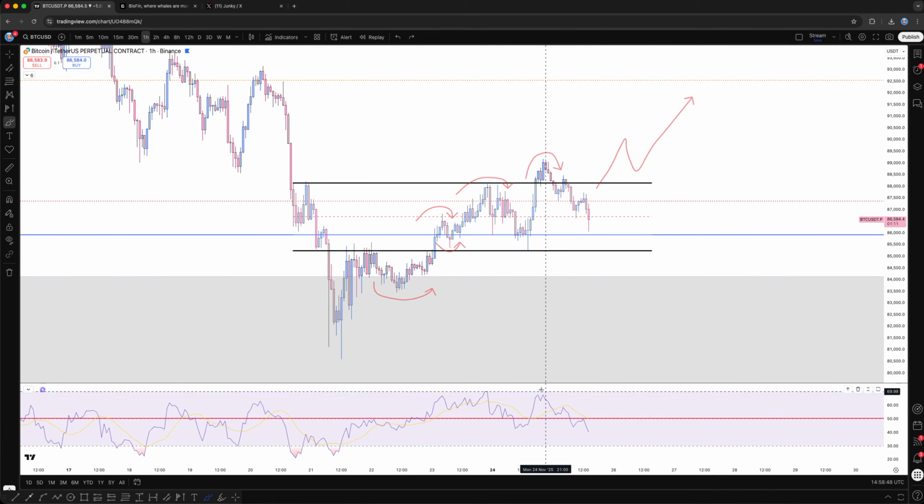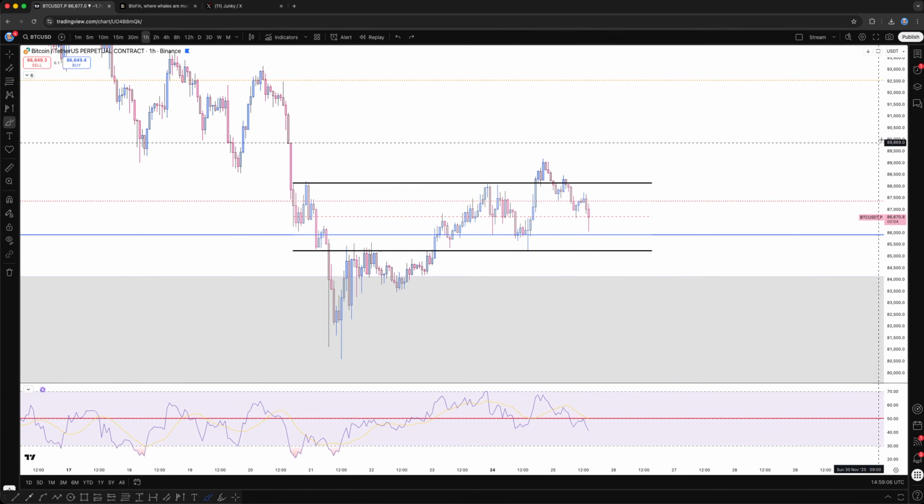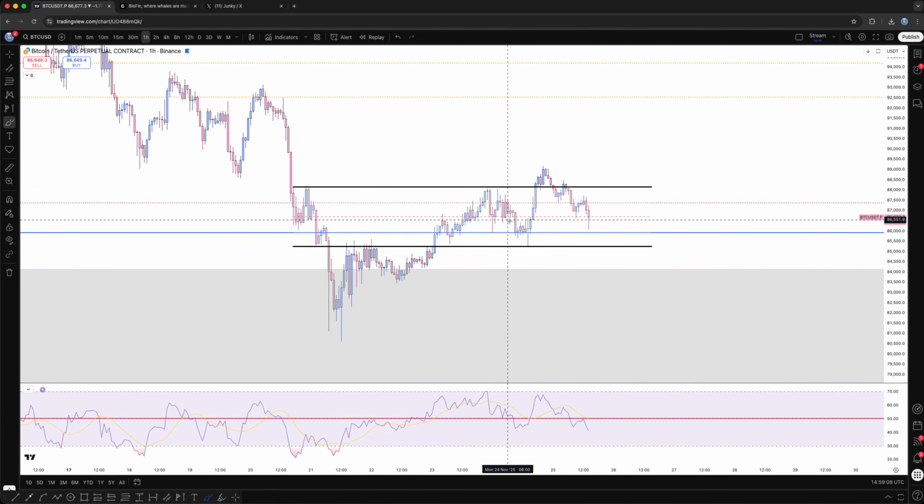But the problem is that RSI has started to show weakness, as you can see, breaking down the 50 level on the 1 hour, and started to have this bearish divergence here. So to me, I'll try to stick a little bit to this range to see what happens.